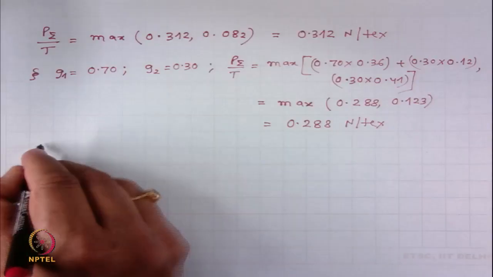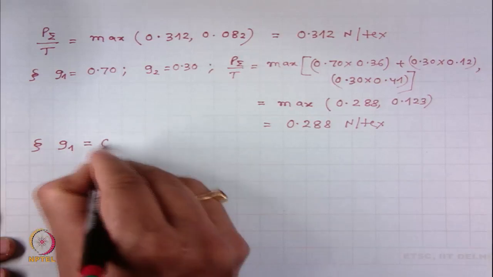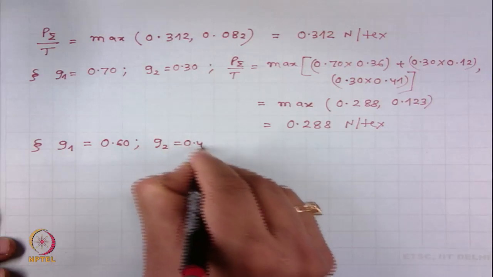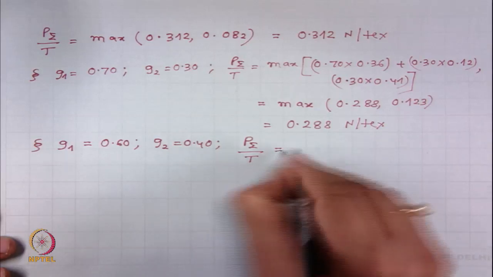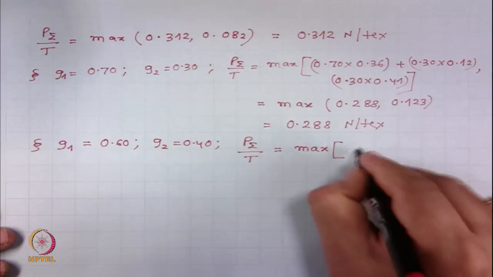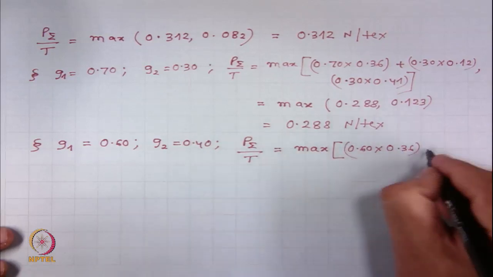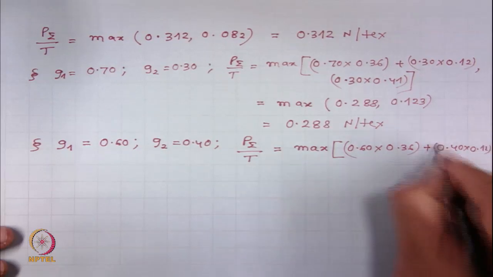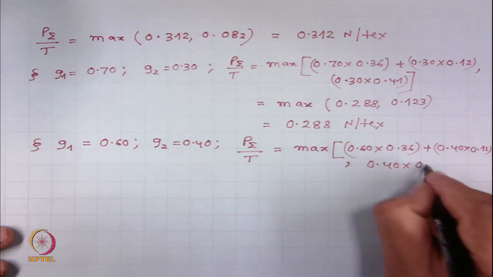Then we consider the next one, 0.60, and G2 is 0.40. So, the bundle tenacity will be the maximum of 0.60 into 0.36 plus 0.40 into 0.12, comma, 0.40 into 0.41.